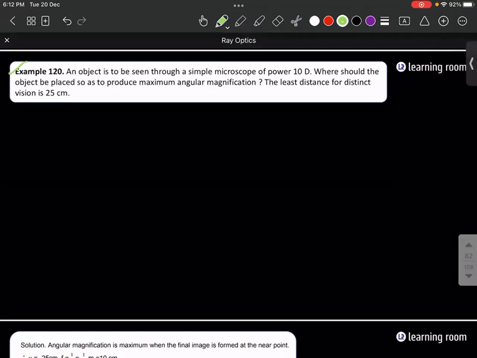An object is to be seen through a simple microscope of power 10 diopter. Where should the object be placed so as to produce maximum angular magnification? And the least distance of distinct vision in this case is 25 centimeters.